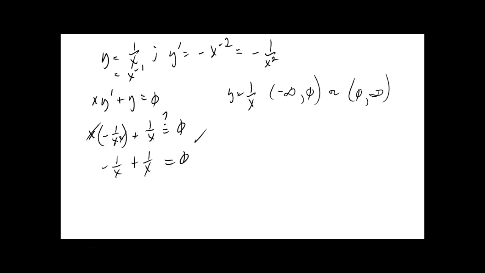So when we say that y is equal to 1 over x is a solution of that differential equation, we have to specify the interval over which it's true. For instance, you tell me, -3 to -1. Would that be a solution there? Yeah, good. How about 1/2 to 10?